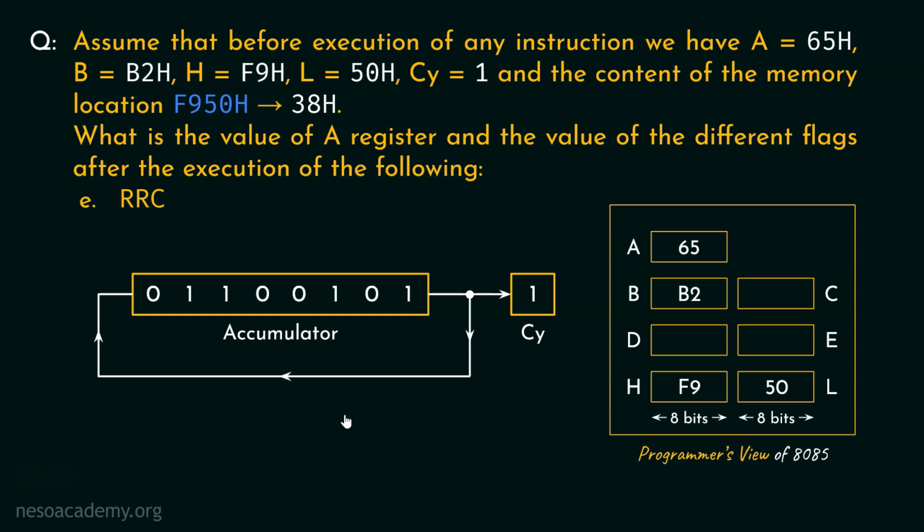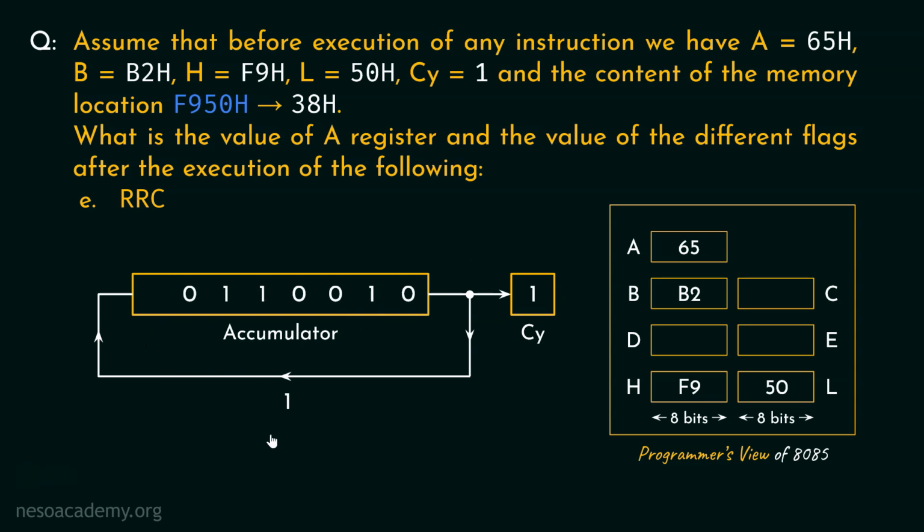The execution of the RRC instruction will bring the least significant bit, that is 1 in this case, out. And we are also supposed to send a copy of this to the carry flag. So the carry flag will again be set. Now we can shift all these 7 bits towards the right by 1 bit. This will make a space at the most significant bit's place.